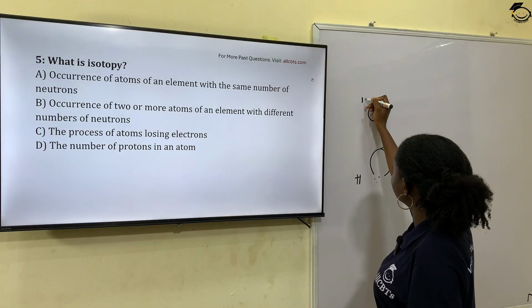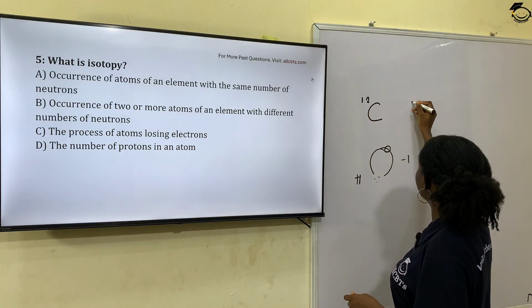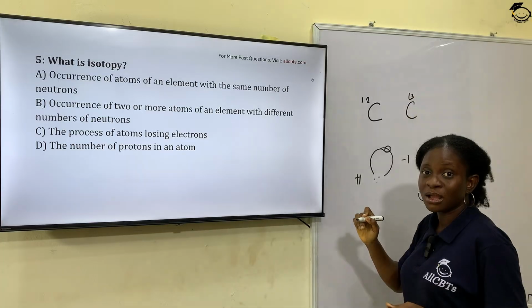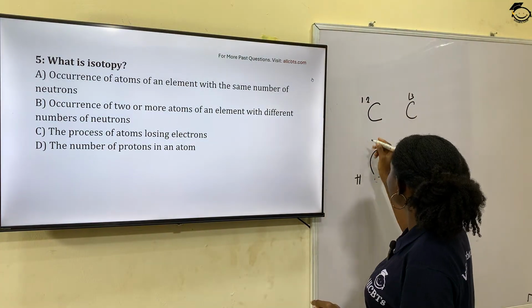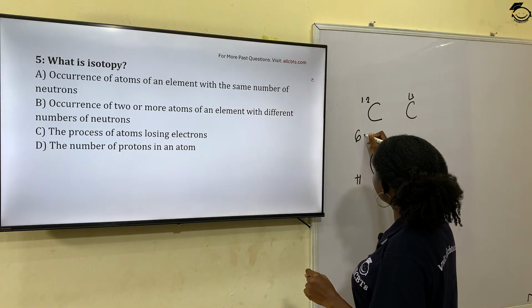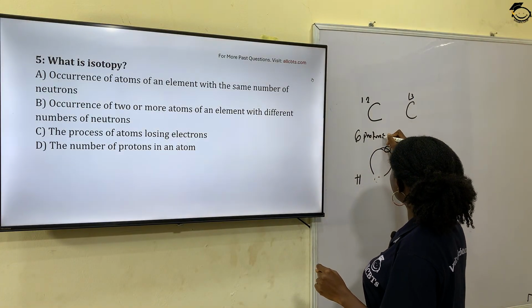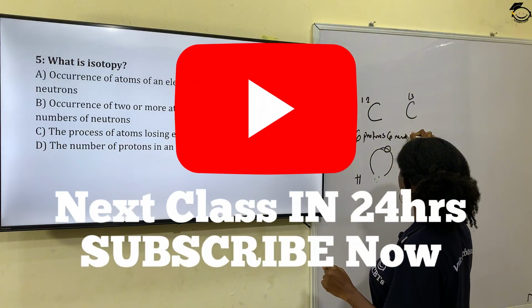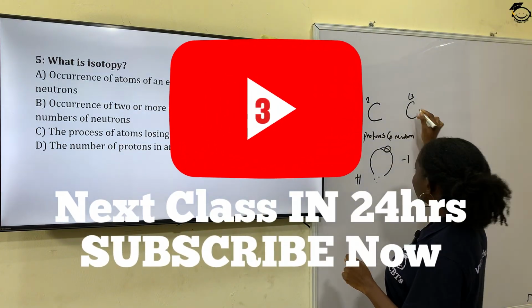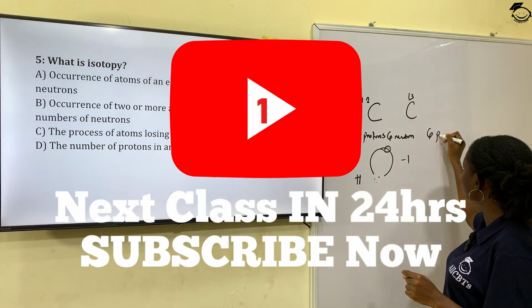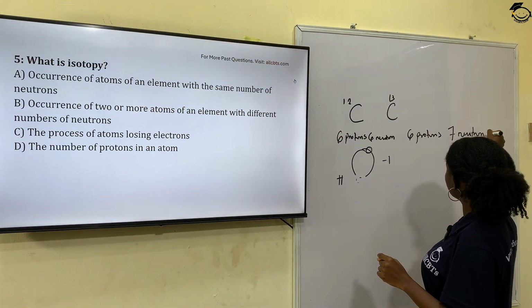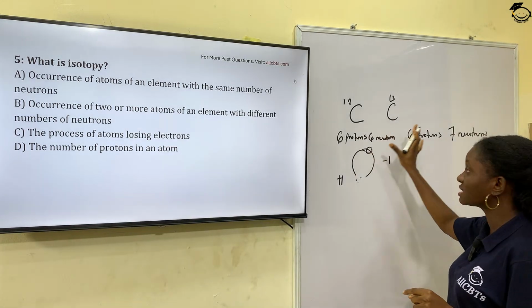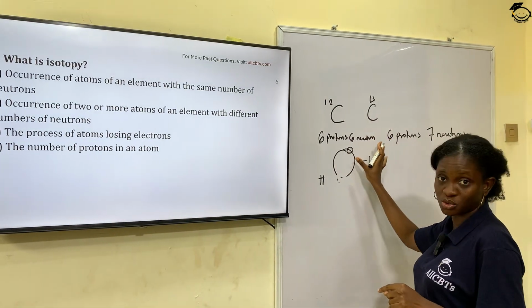We have carbon 12 and carbon 13, but they have the same atomic number. Carbon 12 has 6 protons, 6 neutrons. But carbon 13 has 6 protons, 7 neutrons. So this is what is termed as isotopes.